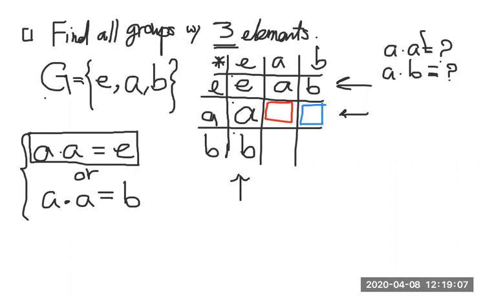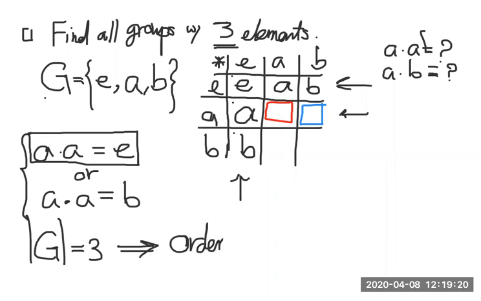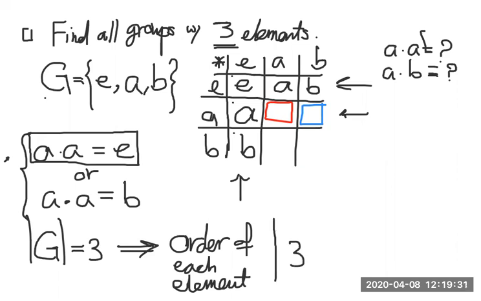Oh yeah, that's very good. It has order 3. So the group G has 3 elements, right? It's an important theorem that the order of each element should divide 3.